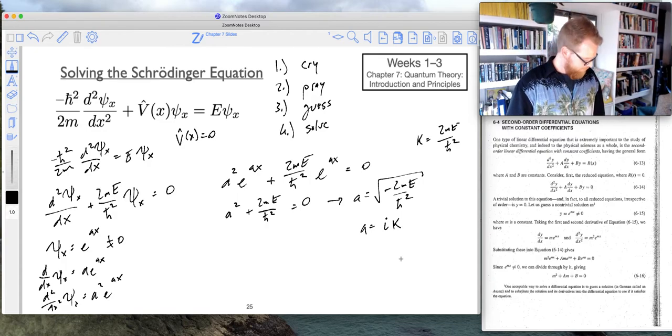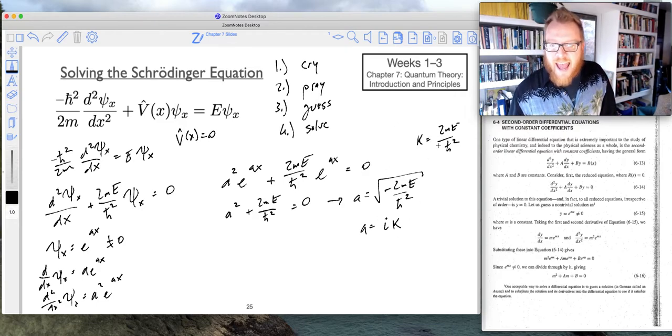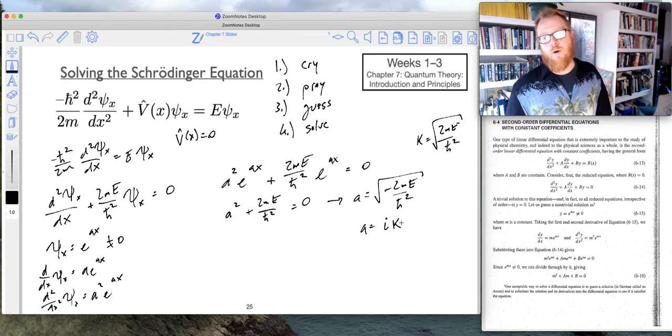Okay? And so because my solution is i times k, that's where I'm going to use sines and cosines. Oh, you know what? Sorry, k is the square root of all of that stuff.